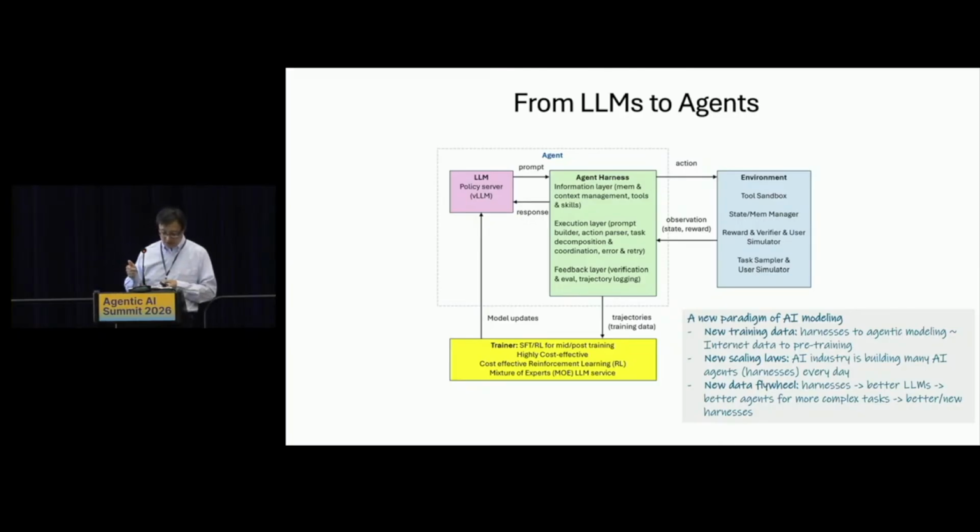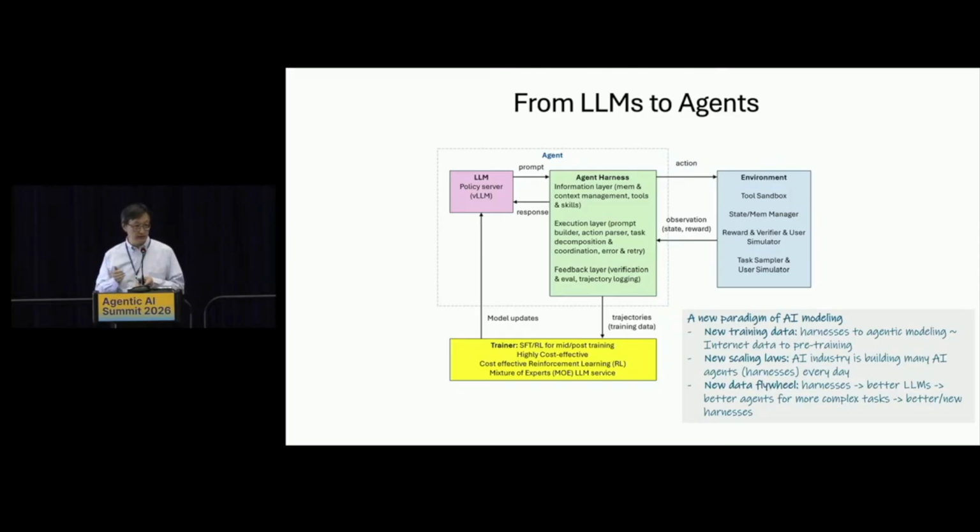Putting it together, we witness a new paradigm of AI modeling, where the harness is like the training data for agentic modeling, just like internet data for model pretraining, right?